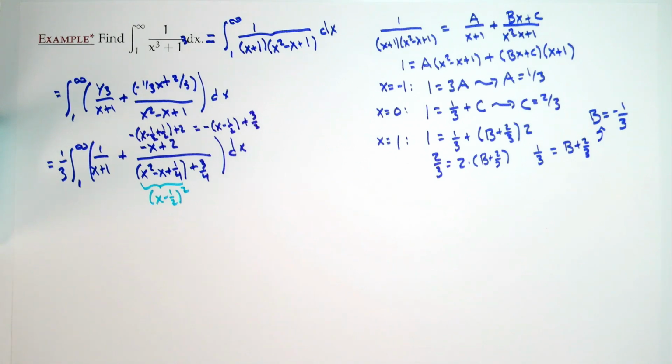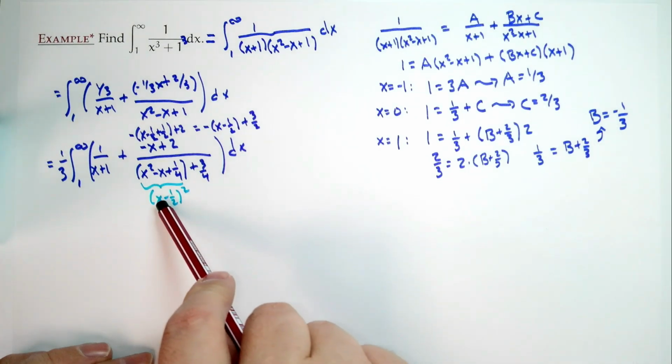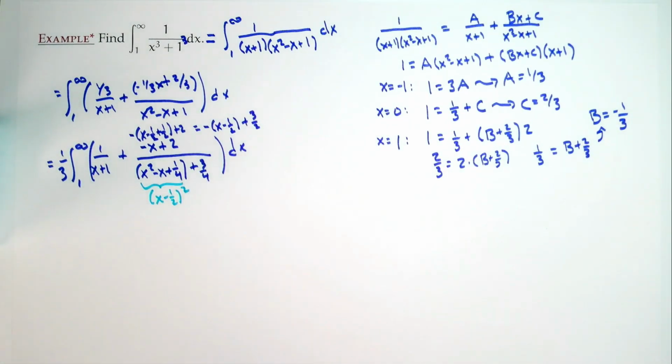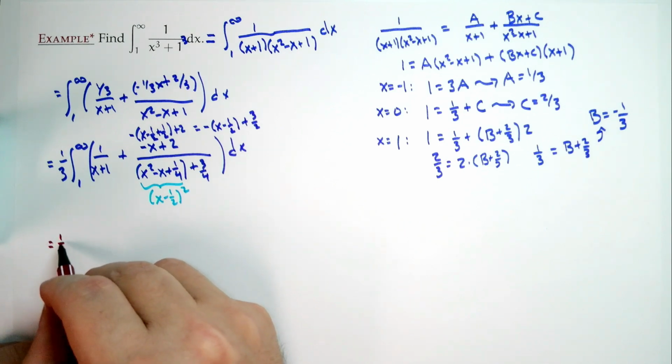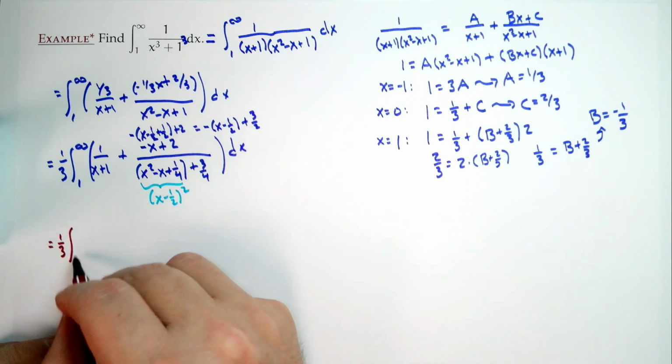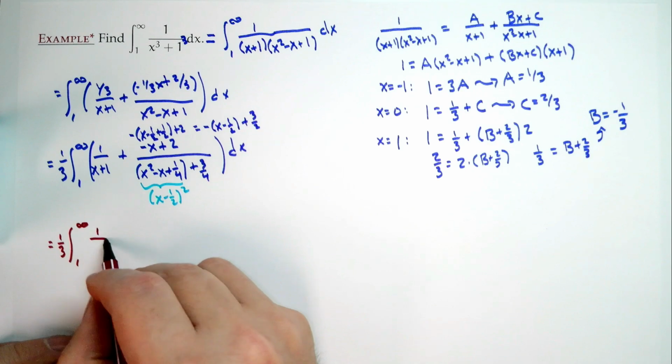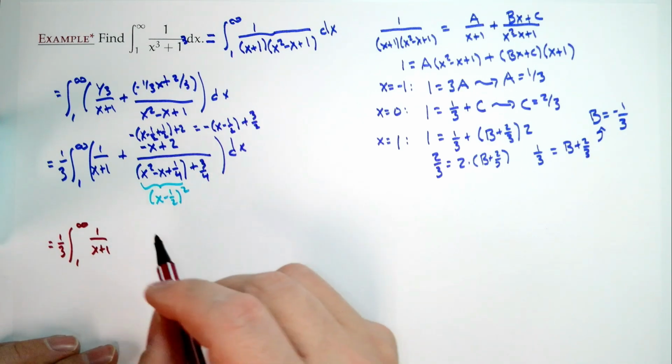All right. Now, that might not seem the most obvious thing to do, but we'll get there. We'll get there as to why we want to do it. Well, we really want to make this x minus a half match with whatever's upstairs, because we're going to head in that particular direction. All right. So where are we up to now? We're now up to 1/3 integral 1 to infinity of 1 over x plus 1.